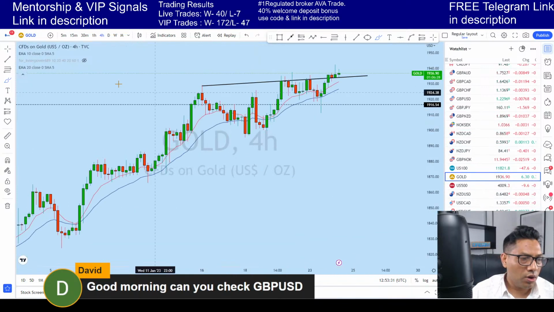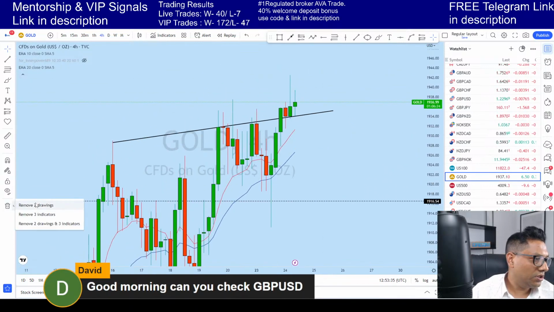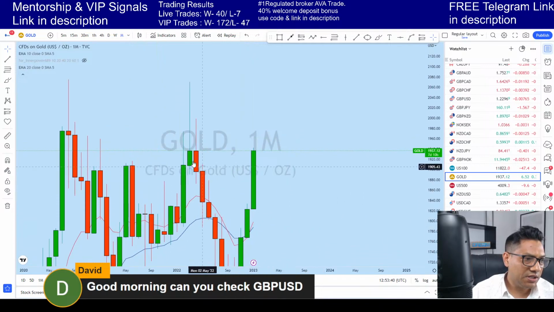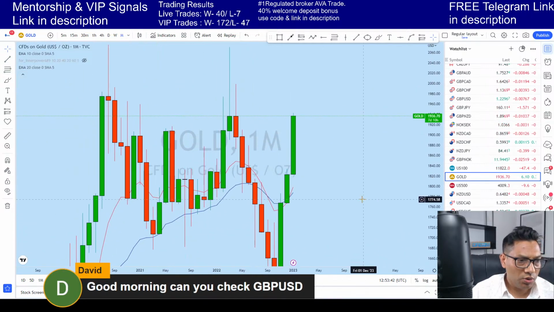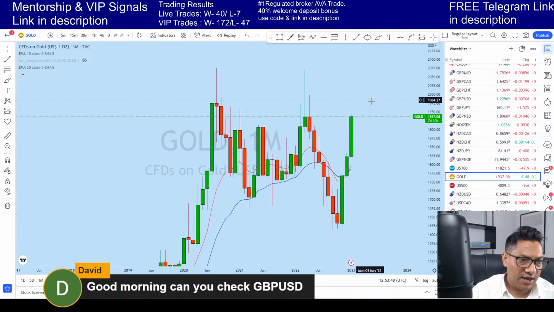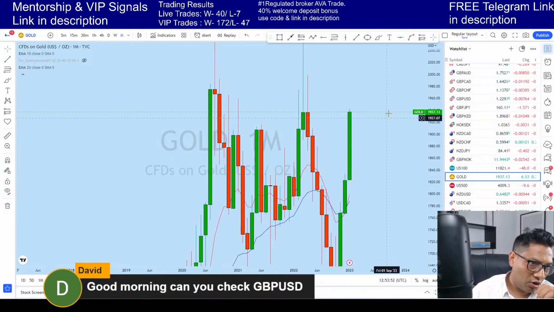Okay, going back to gold, guys, to see what it is doing. All right, looking at the monthly price section on gold, from the monthly perspective there is a long bullish engulfer followed by a narrower candle. Then there has been another monthly bullish engulfer.